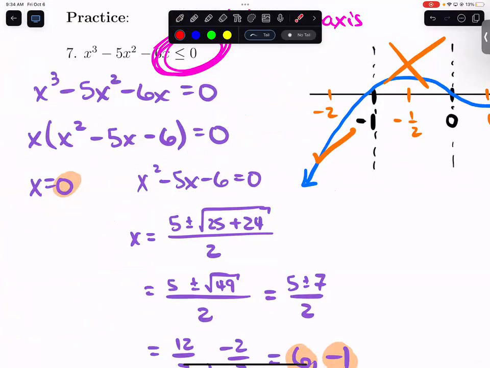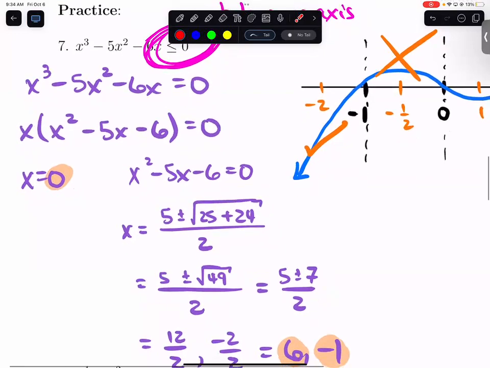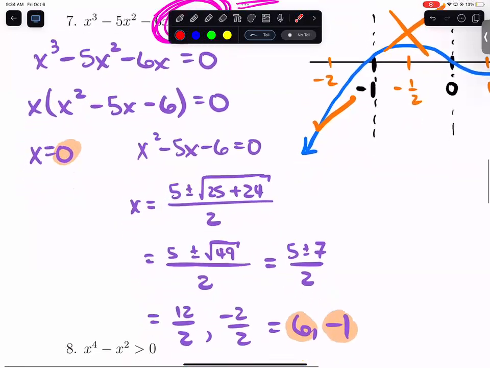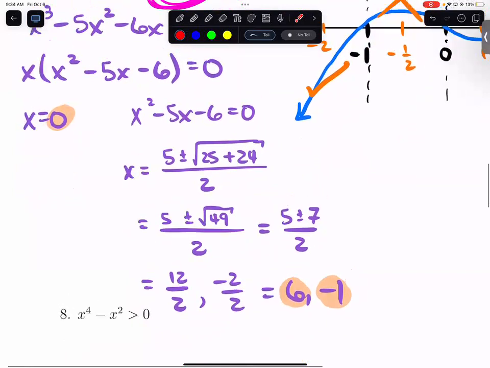So if I factored this thing all the way down, it would be x times x plus 1 times x minus 6. That would be the factored version of it. Because there are 3 zeros and the degree is 3, there's not room for any of those to be repeated. Okay, so it's based on the factor. Yeah, right. Which we didn't find along the way to getting it, but since we have the 3 zeros, we can sort of fill that in, right?